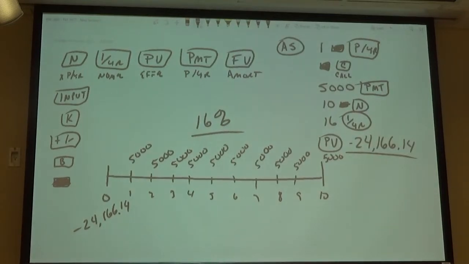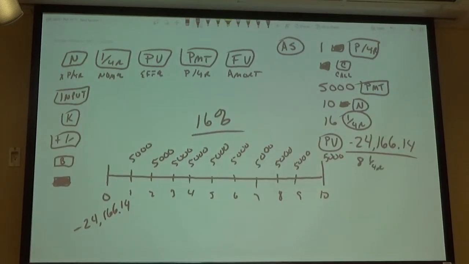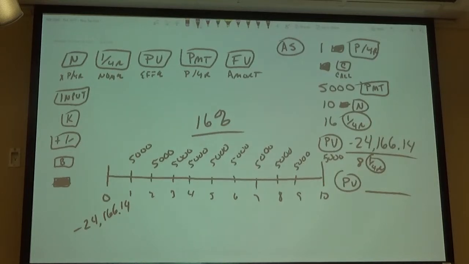So in other words, let's just do this. Put in, right after this, just put in 8%, resolve for present value. If you've already cleared it out, that's okay, just put it in again. You should get 33,550.